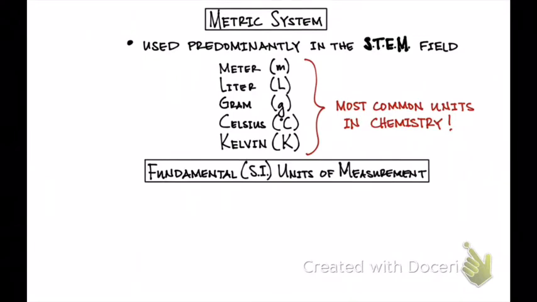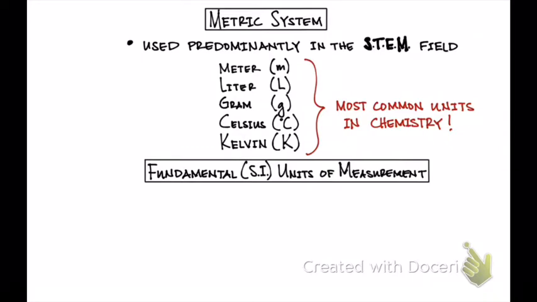So before the metric system, we had a lot of different units. And converting from one unit to another made it a little bit confusing and complicated, especially in international trading. And so the French people, later on in the 1700s, they came up with a standardized unit of measurement.